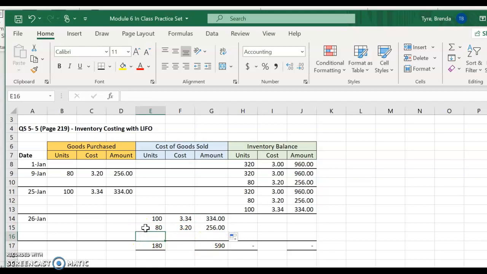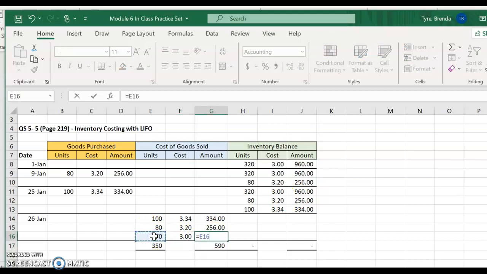And how many did I sell? I sold 350 units, so I'll say 350 minus 80 minus 100 should give me 170. That 170 comes out of that oldest group at $3.